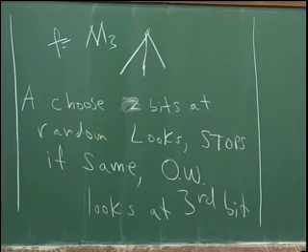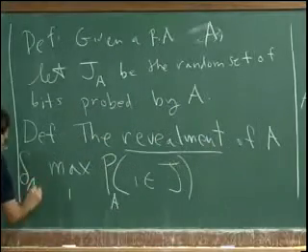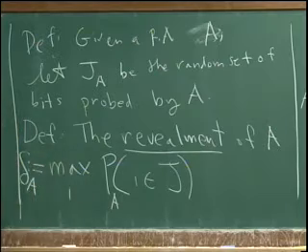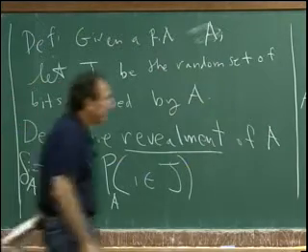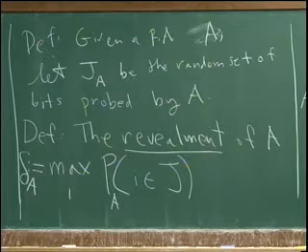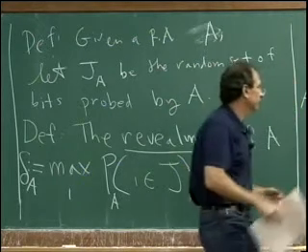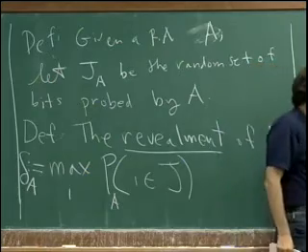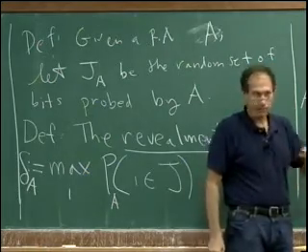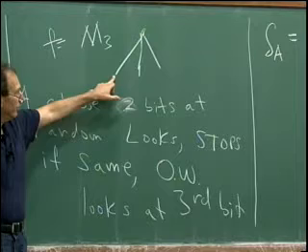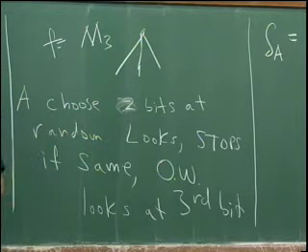The revealment of A, I will denote by delta sub A. It's not so hard to compute the revealment for this particular algorithm. Obviously, it's symmetric, so I can just compute that the first bit is revealed. Well, with probability 2/3, it's one of the first 2 bits that you probe.